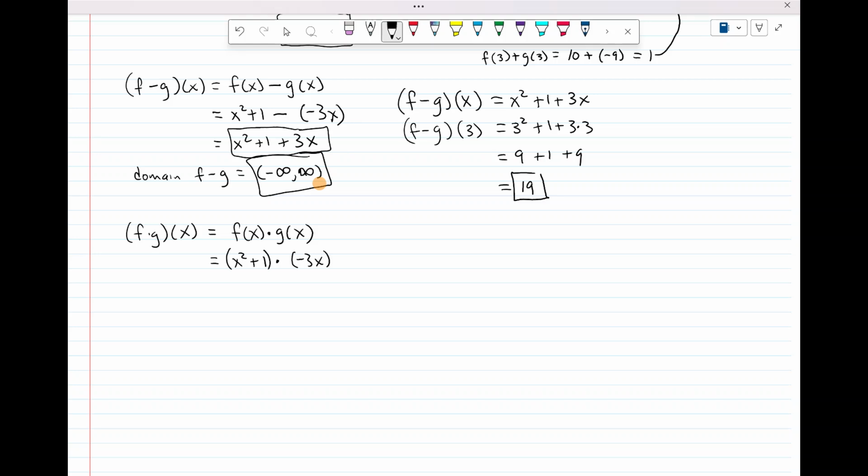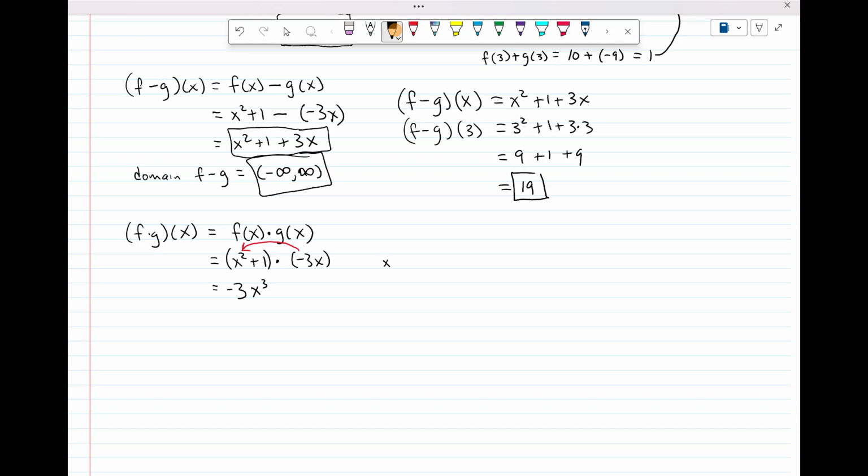Now here I'm going to have to use the distributive property. So first I'll do negative 3x times x squared, and that ends up being the negative 3 will be my coefficient, and then x squared times x is equal to x to the third. Right?